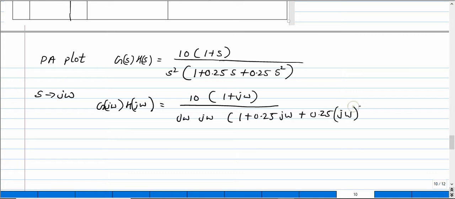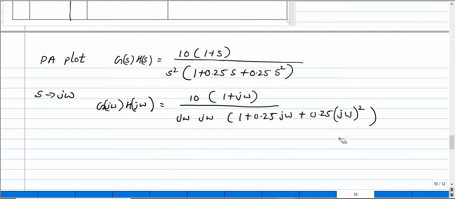So what will happen here? I can rewrite it. In the denominator, 0.25 j omega whole square will be minus 0.25 omega square, because j square is minus 1.